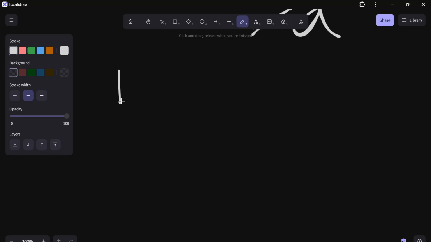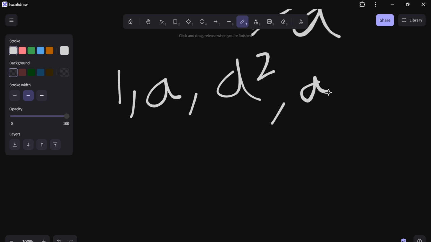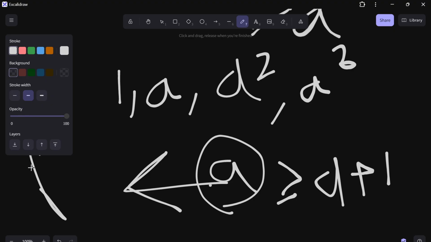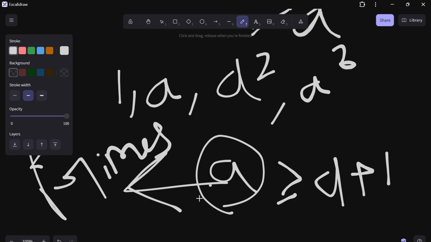There is a 1, there is a, and a square, and here a cube, where A should be greater than or equal to D plus 1, and it should be a prime number. That condition will be valid.